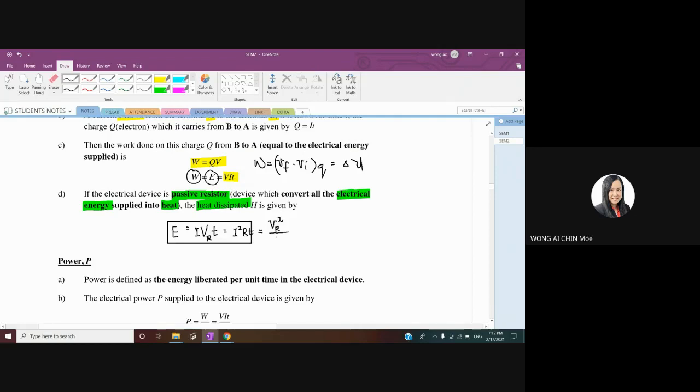So this is the energy loss as heat, the energy dissipated inside the electrical devices.